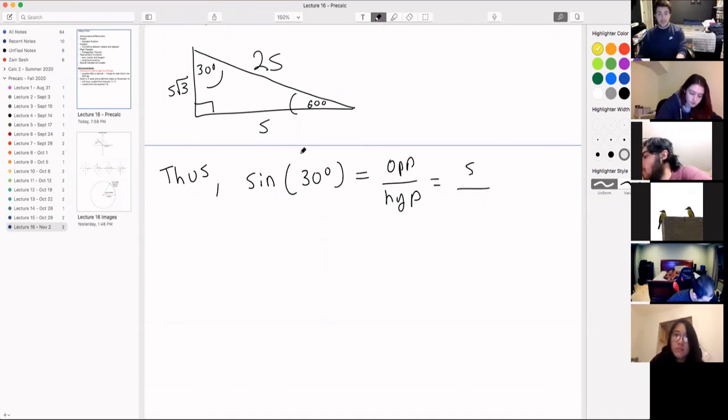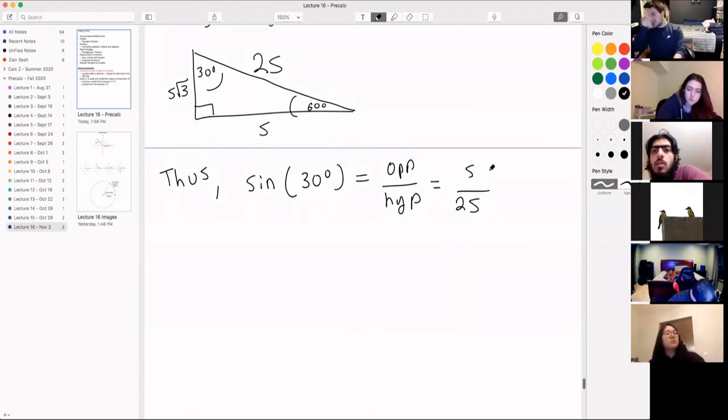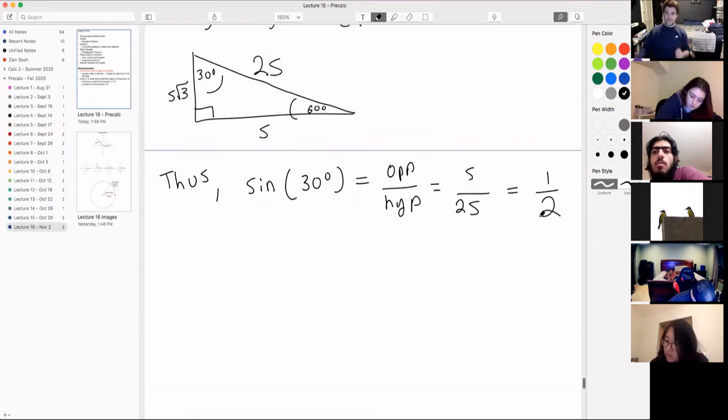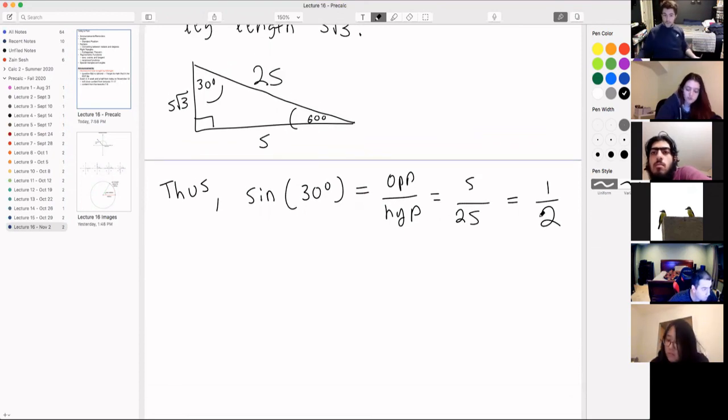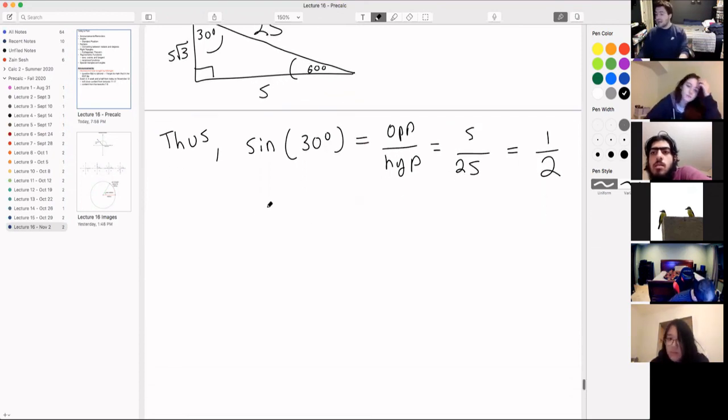And in the denominator goes the hypotenuse, which is 2S. And look what happens. You get a very pleasant cancellation. The S's cancel out, and this is equal to 1/2. How nice is that? So sine of 30 degrees is 1/2. That's a nice closed form. Okay, good. Now let's do sine of 60 degrees.